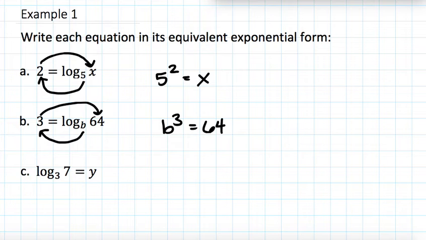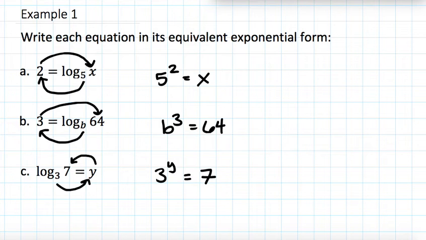And then for part C, this one is written the other way around with the log coming on the left side of the equal sign, but it's the same idea. I'm going to have 3 for the base, y for the exponent, and then that's going to equal 7. So notice here I have variables in these answers.